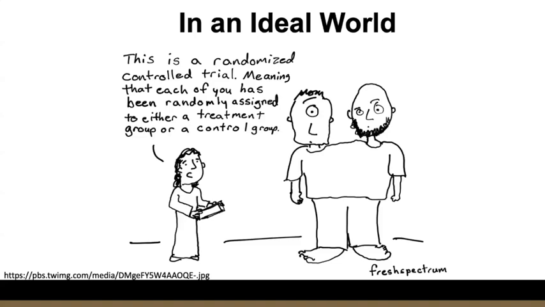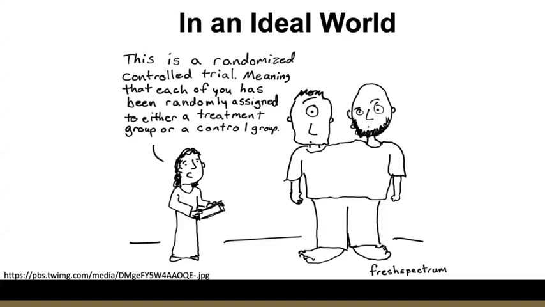So here I have a cartoon that kind of captures the gist of what an ideal world of research would be like, but at the same time, it also tells us how impractical it would be for us to actually do that.